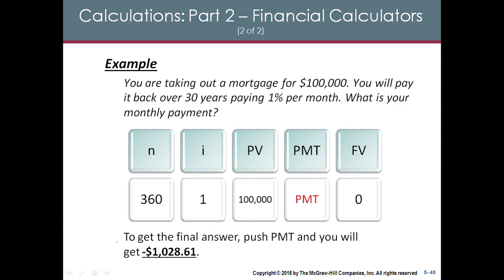The monthly payment means they're asking for C. In the calculator, the PMT button refers to the annuity amount, that is the same payment per month. So you need to push that button to get the value.